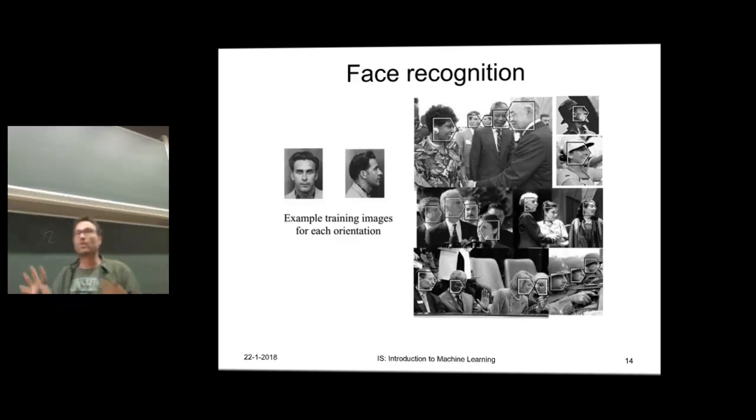But if we want object recognition, then we have many more classes. And if you want face recognition to also recognize who this person is, then you usually have a database with many classes of people that you're looking for, and you want to match the object with some data in your training set.